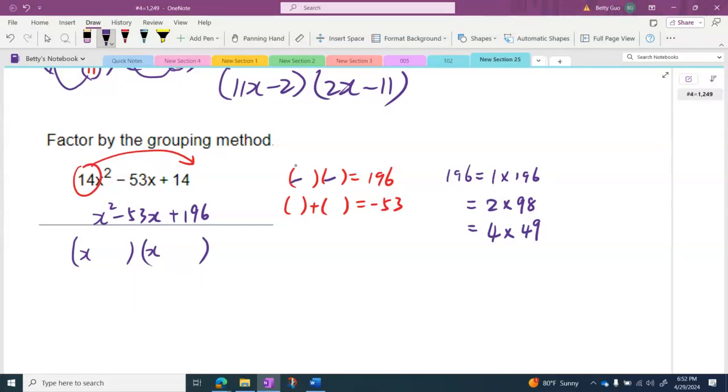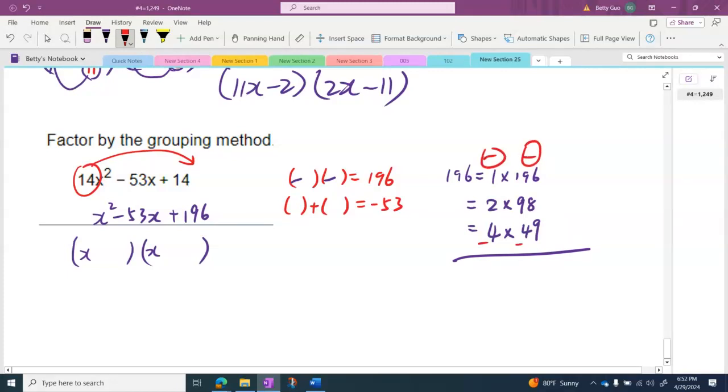Yeah, the pair I found is negative 4 and negative 49.